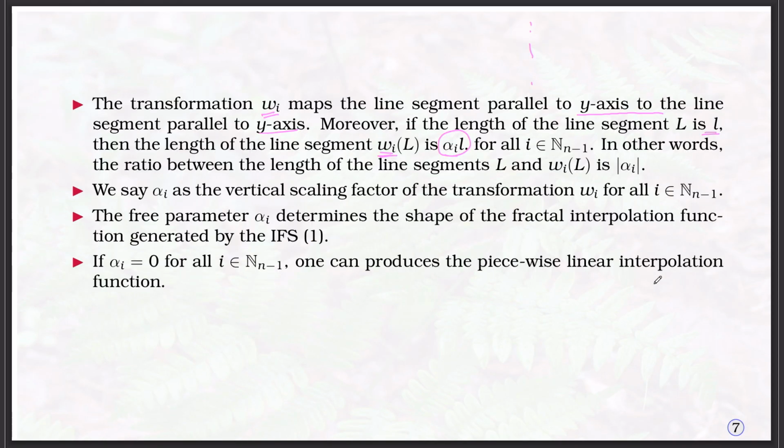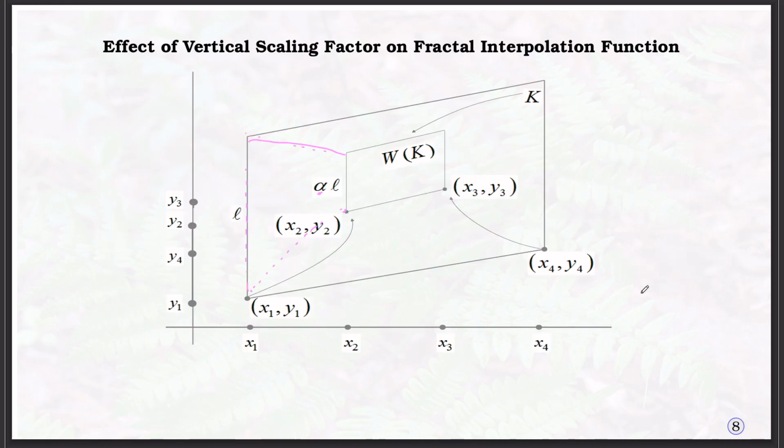Now, in other words, the ratio between the length of the line segment L and Wi of L is modulus of alpha i. So if you choose the alpha value from minus 1 to 1, this ratio will vary with respect to alpha. Minus 1 less than or equal to 0 is possible and 0 to 1 is possible.